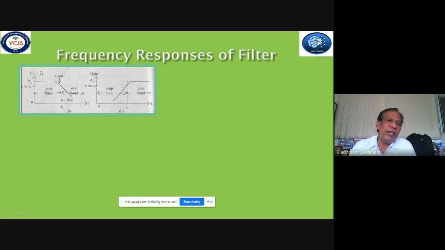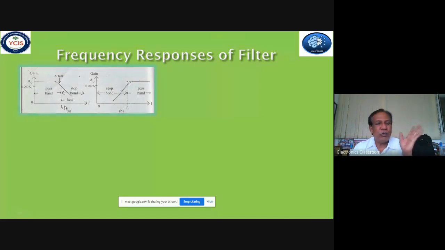As far as the low pass filter is concerned, it has one pass band and one stop band. So we can try to understand the function of the low pass filter. A low pass filter is a filter which can pass the band of low frequency and attenuate, block, stop or prevent the band of high frequency.